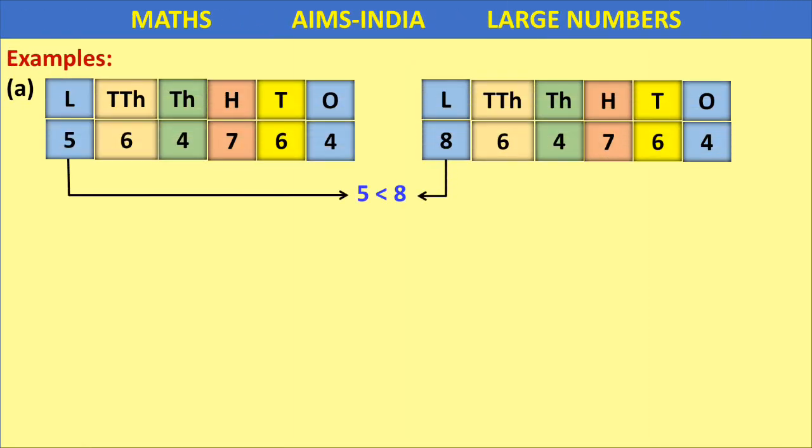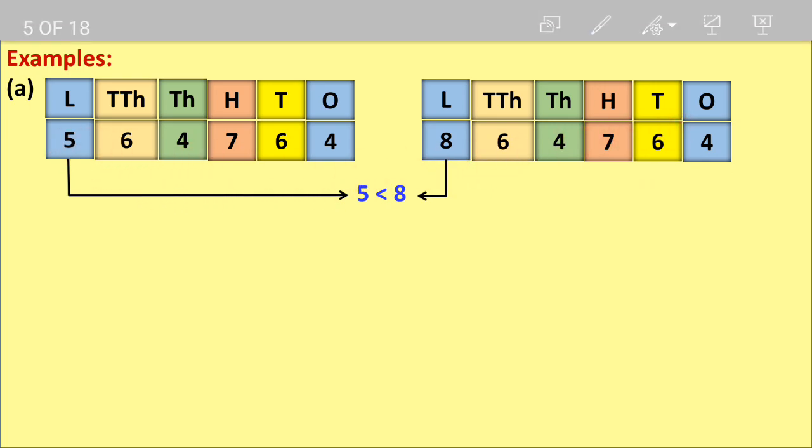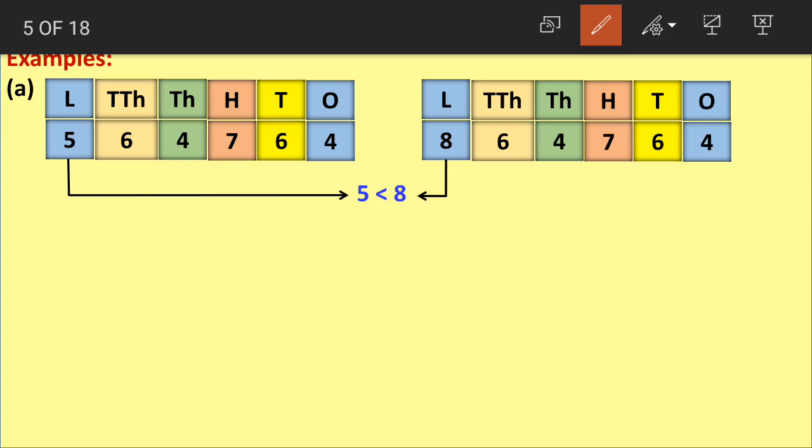Let us look at some examples on how to solve when we are given two numbers with the same number of digits. Now look at these two numbers. How many digits are there in the first number? 1, 2, 3, 4, 5, 6. There are 6 digits in the first number, and in the second number 1, 2, 3, 4, 5, 6.